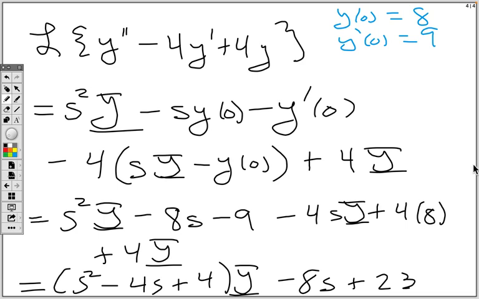So far, so good? Well, that's enough for me to keep going.